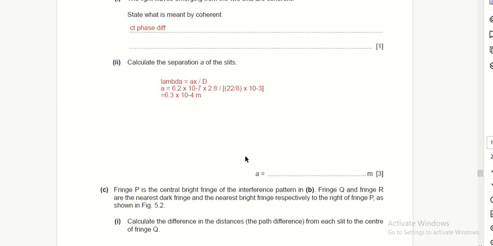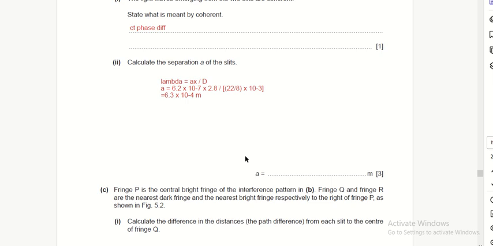Calculate the separation between the slits. We know that lambda equals x over d, so a equals lambda d over x.